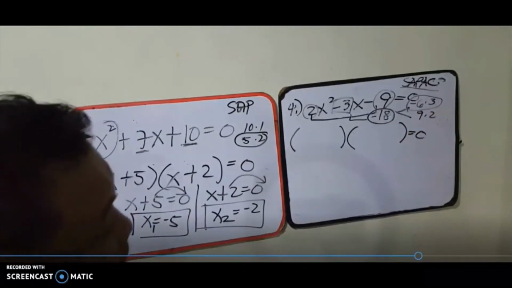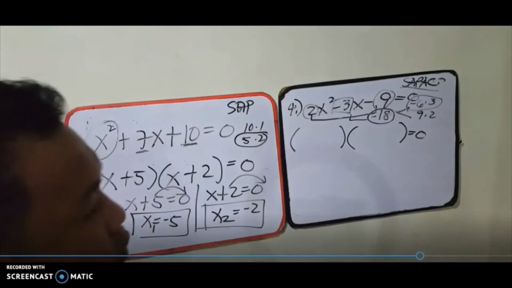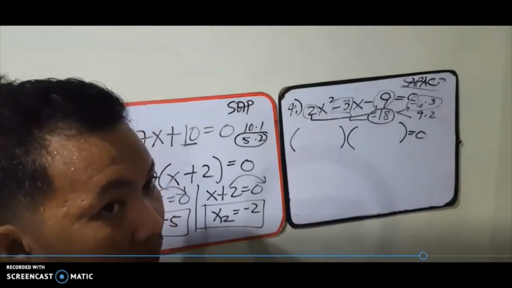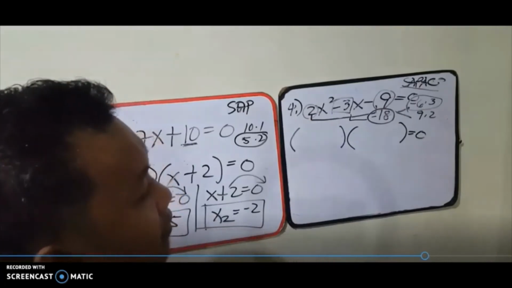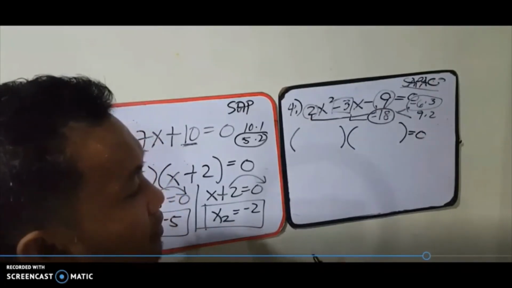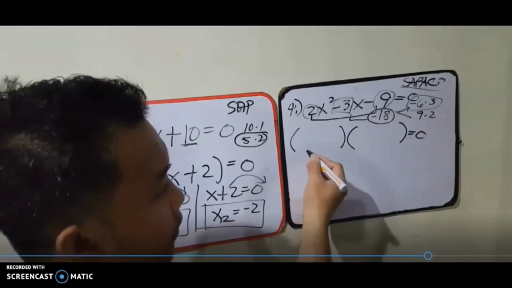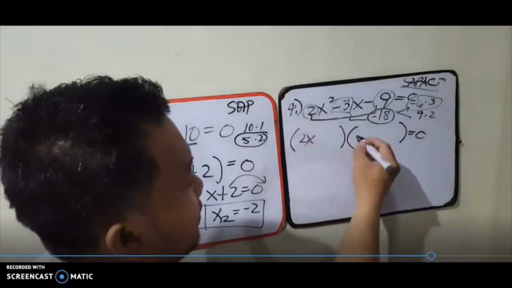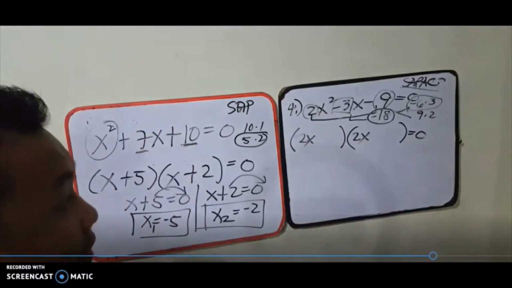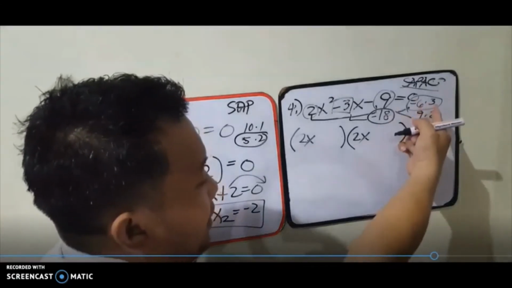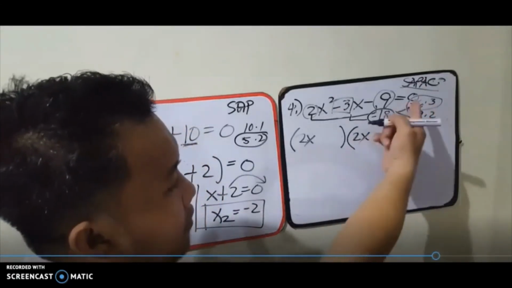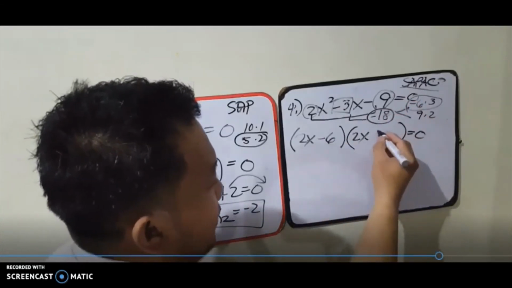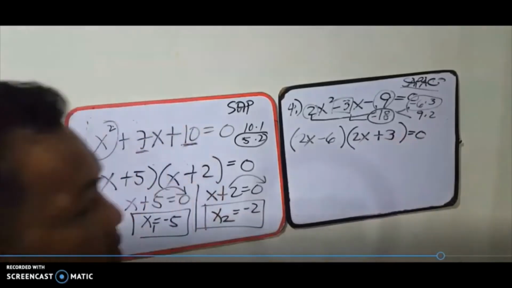Then, for the first terms of its binomial factors, we use the numerical coefficient and the variable, which is 2 and x. So we'll have 2x and 2x. Then negative 6 and 3 are the right factors for negative 18, together with their signs. So minus 6, then positive 3, it's plus 3.